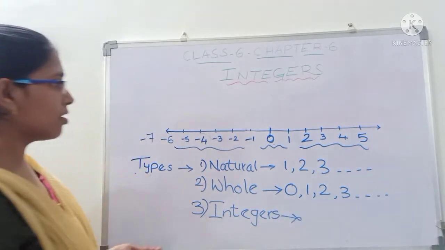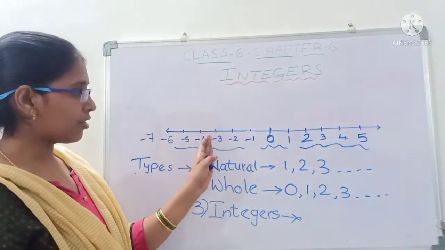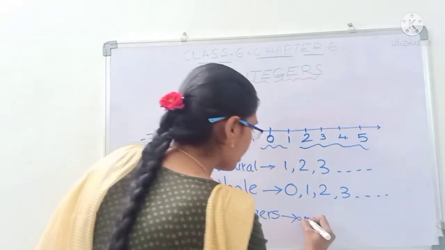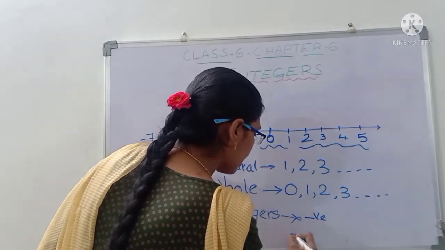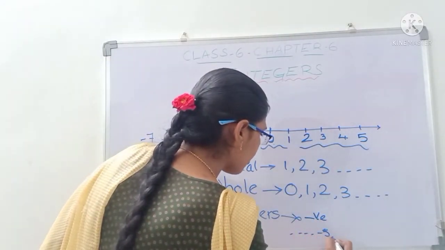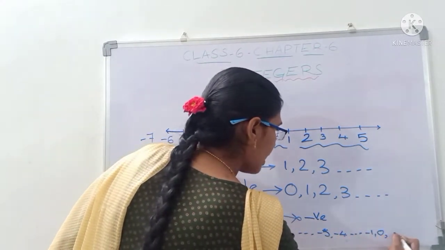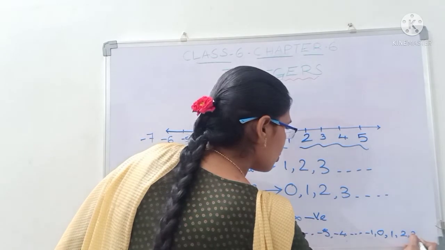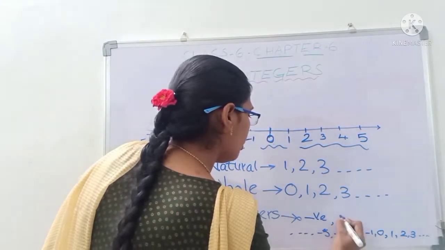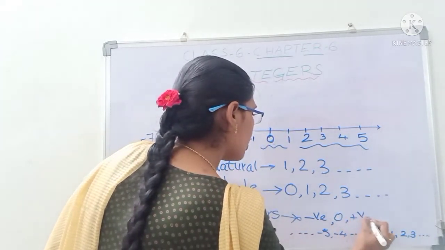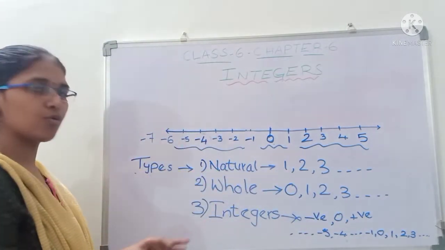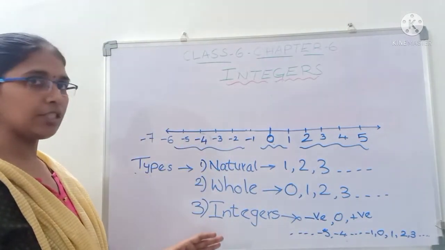Integers means positive numbers, negative numbers and 0 together. Negative numbers, that means -5, -4 and so on, -1, 0 and now positive numbers also. Negative, 0 and positive. All these numbers together are called integers.